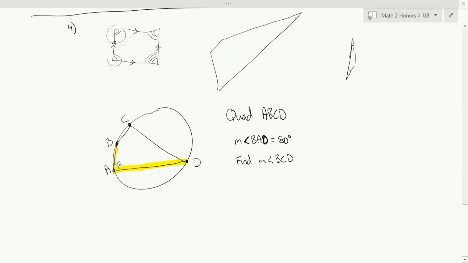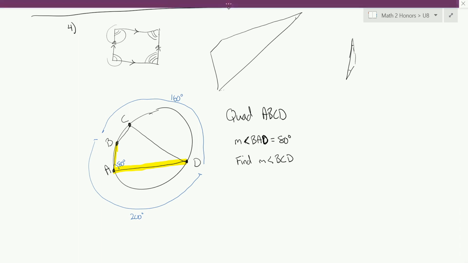So this is 80 here, and so that tells me that the arc measure from B all the way around to D is what? 160. It also tells me that the arc measure from B this way to D is going to be how much? 200, because that's a full circle, right? 160 plus 200 is going to be 360.